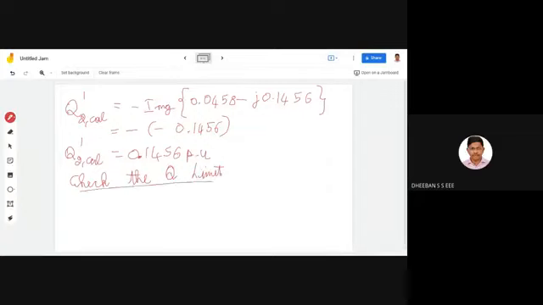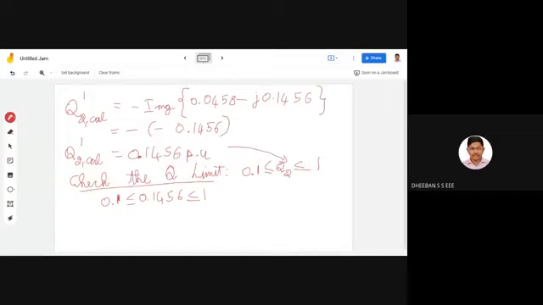As per the Q limit given, it varies from 0.1 less than or equal to Q2, which is less than or equal to 1. Now if you substitute your Q2 calculated here, whether it is satisfying or not: 0.1 less than or equal to 0.1456 is less than or equal to 1.